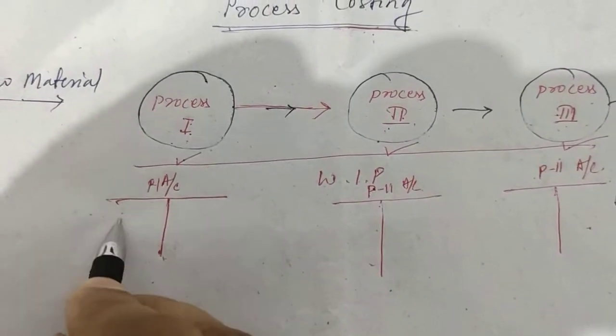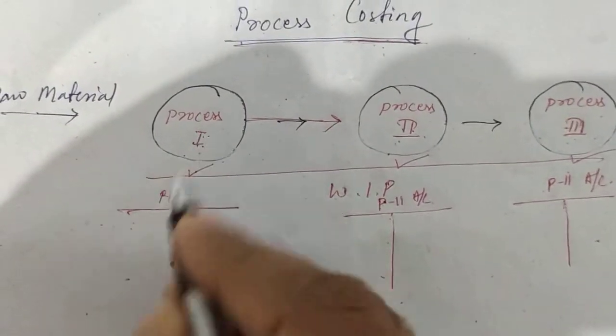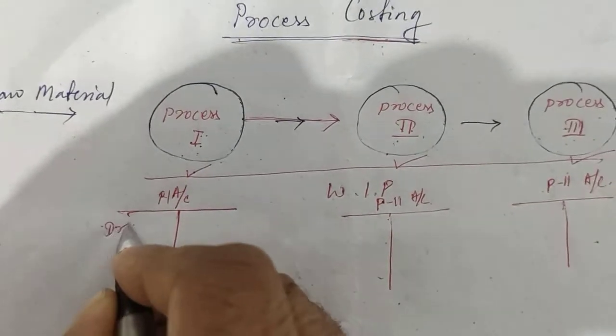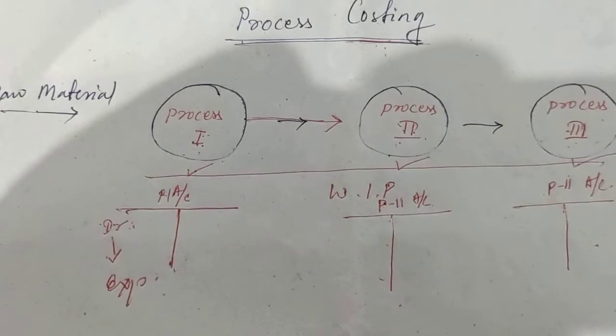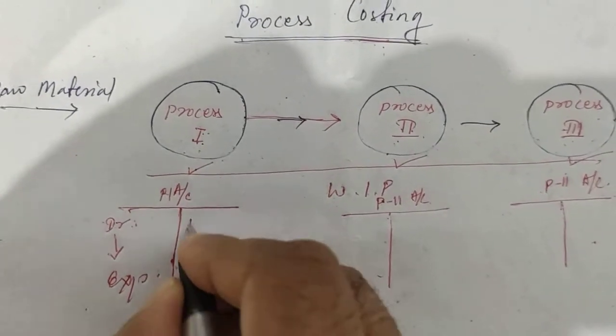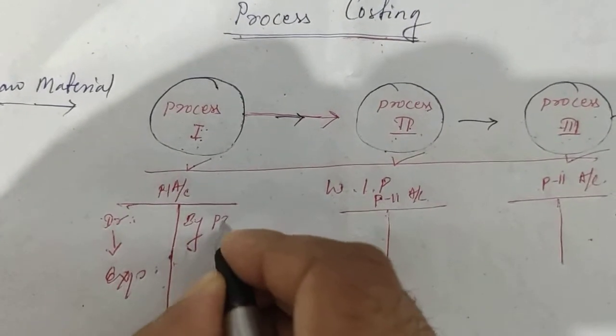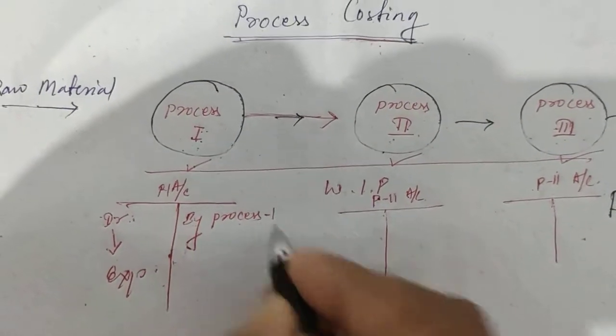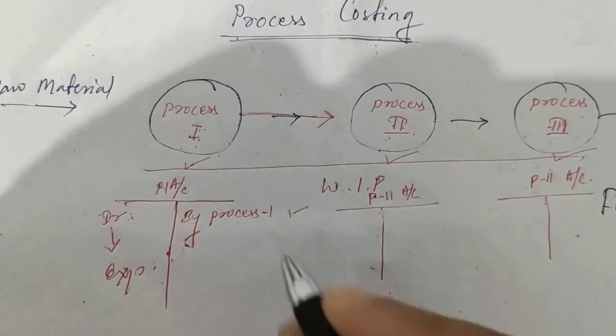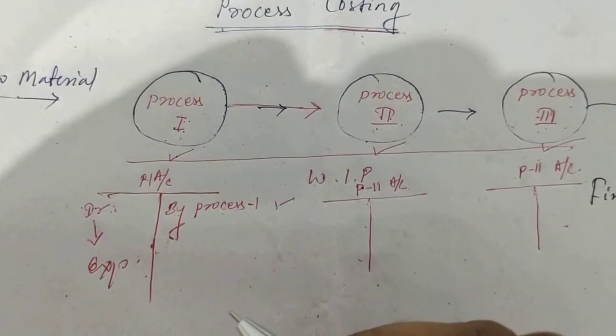That means all expenditure in this process we have to record on the debit side. On the debit side, you have to record all expenses, and that cost should be carried forward by writing: by process 1, and the total cost you put in the amount column.